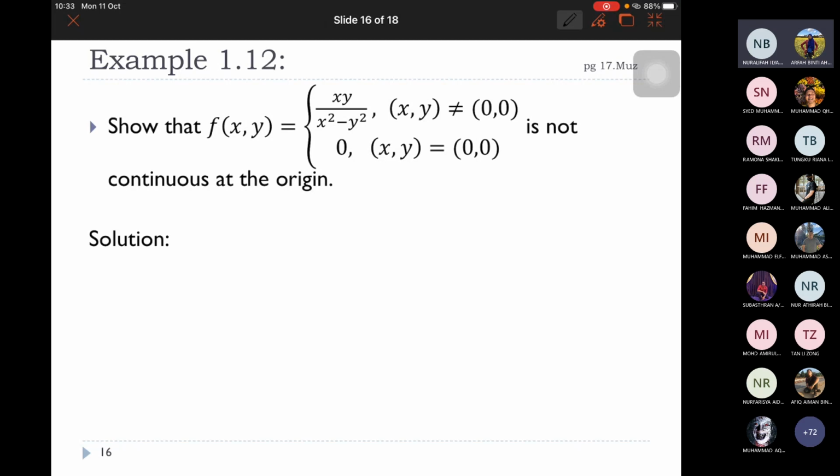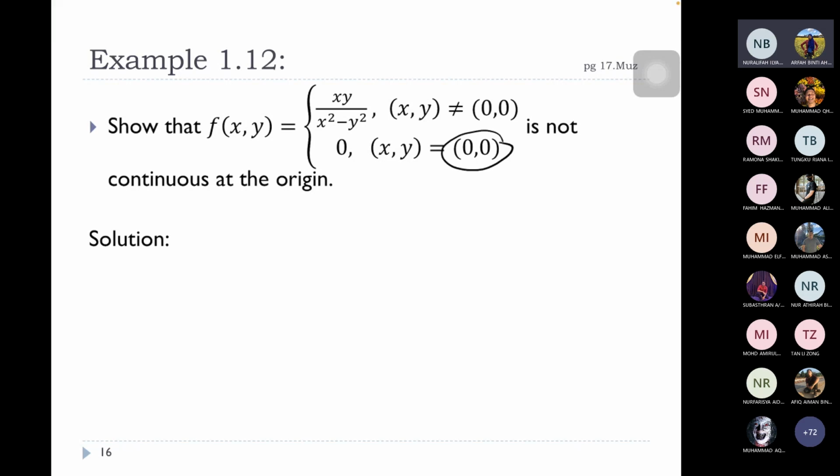Okay. Tunjukkan fungsi xy, function of xy where the function is xy divided by x squared minus y squared is not continuous at the origin. So origin adalah this one. Okay. 0, 0. Yang ini dekat dia punya origin.